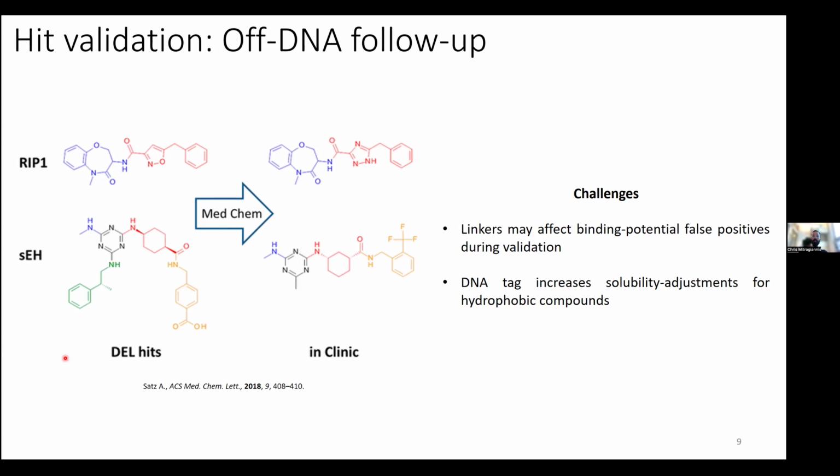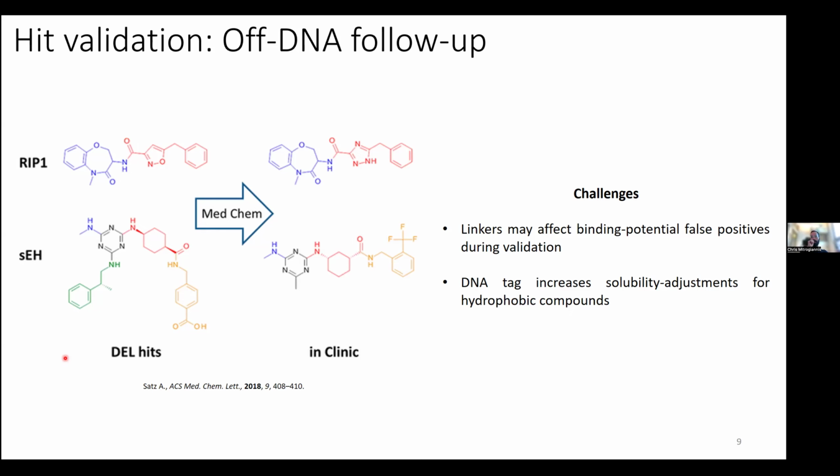And this is happening because the DNA is bigger compared to the small molecule, and sometimes it can interact and create false positive results during the screening campaign. So this is something to have in mind.